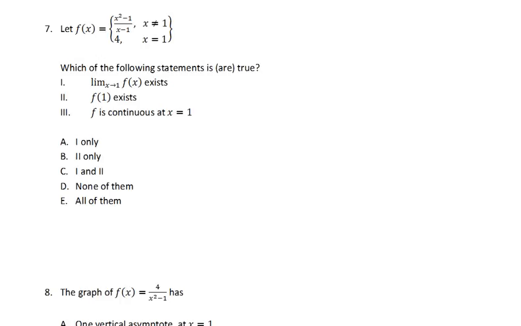However, we can factor and cancel, and we would get x plus 1 times x minus 1 over x minus 1. The x minus 1 factors would cancel, and we would be left with the expression x plus 1 as long as x is not equal to 1.